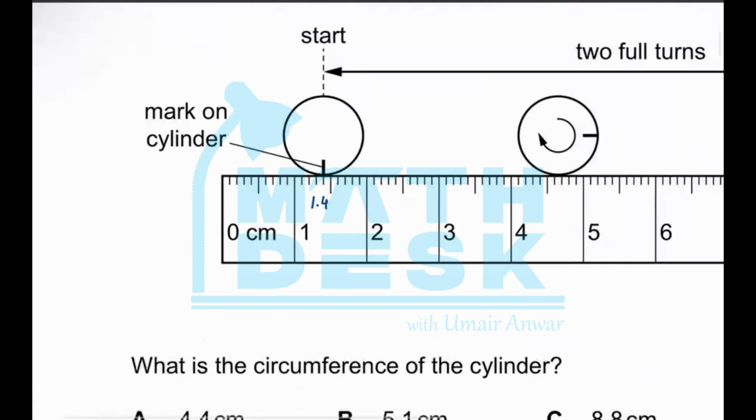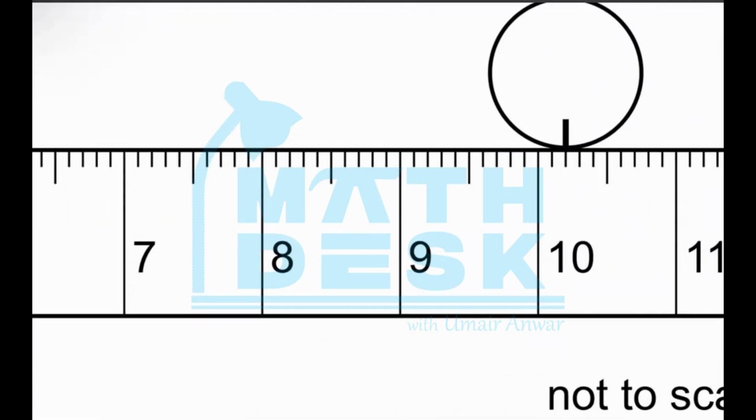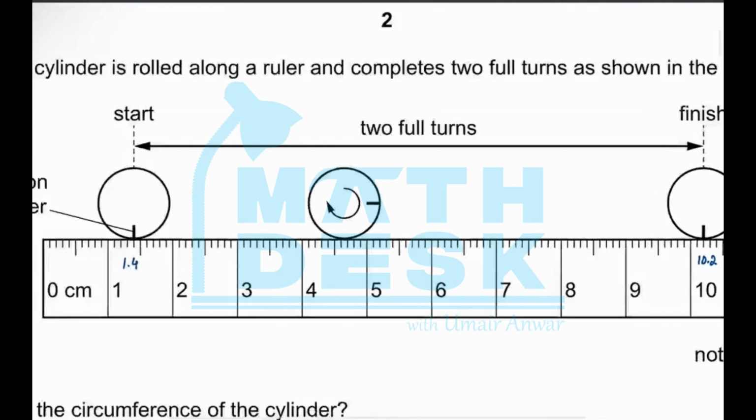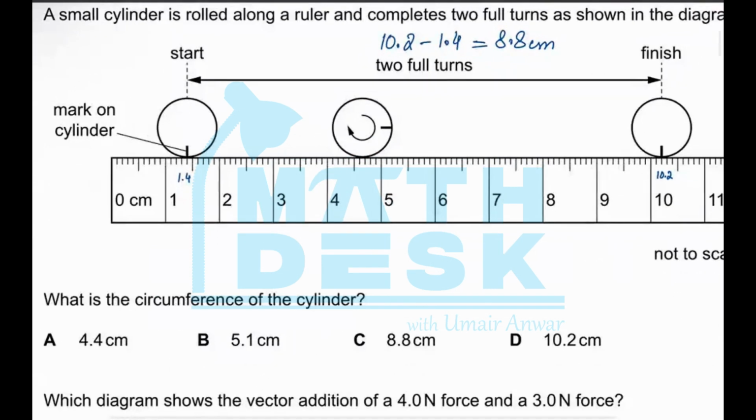It took 2 full turns and then it finished at 10.2 mark. Now, the distance that it has covered is 10.2 minus 1.4, which is equal to 8.8 centimeters according to the figure given.